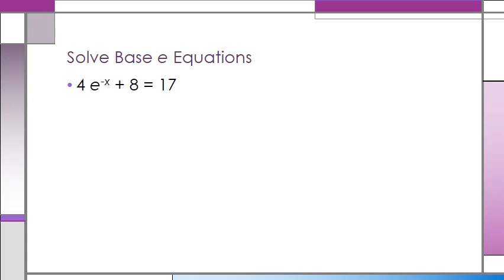All right, so here we have a second equation: 4 times e raised to the power of negative x plus 8 equals 17. Let's start by subtracting 8 from both sides. 17 minus 8 is 9. And we're going to divide both sides by 4. So we've got e to the negative x equals 9 over 4.